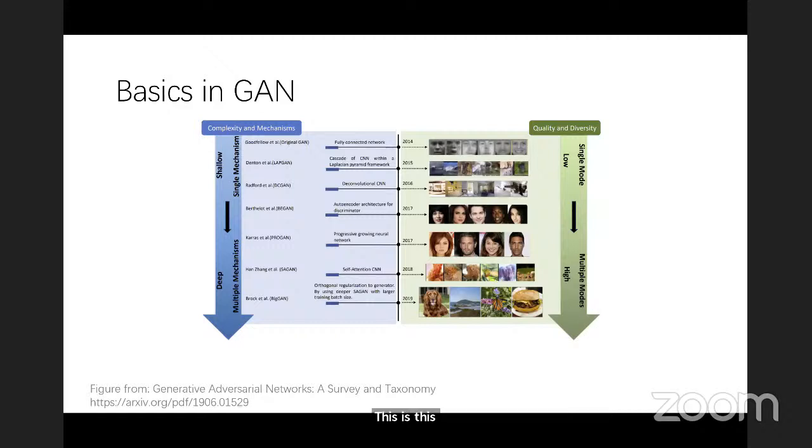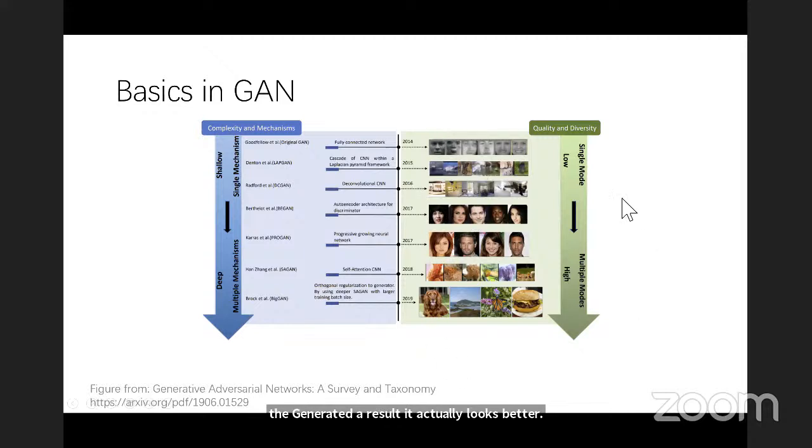This is a survey of GAN. GAN was first proposed in 2014 by Ian Goodfellow. If we look at the right part of this figure, at that time the generated results were gray faces, and the results were very poor. With the development of convolutional networks, for example with the introduction of DCGAN and PGGAN, we can see the generated results look better.